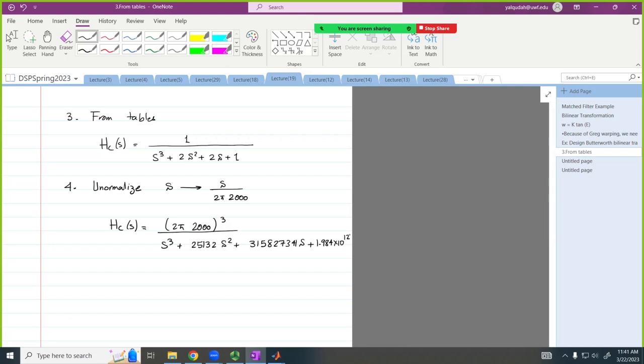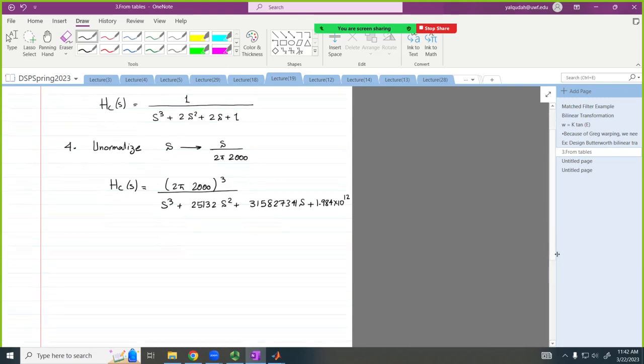Where did this numerator come from? Because we're going to replace s with s over 2 pi times 2000, cubed. We multiply numerator and denominator to get rid of it. Okay. Next step, we're going to apply the bilinear transformation.